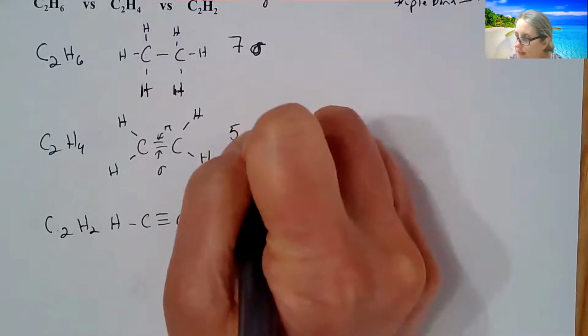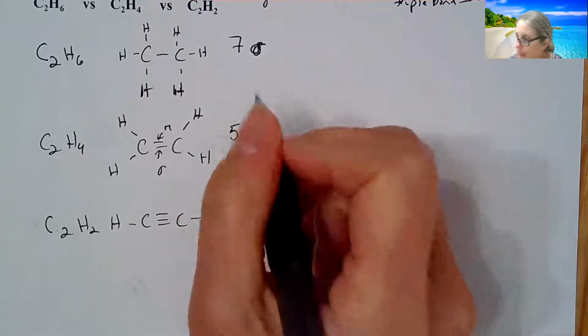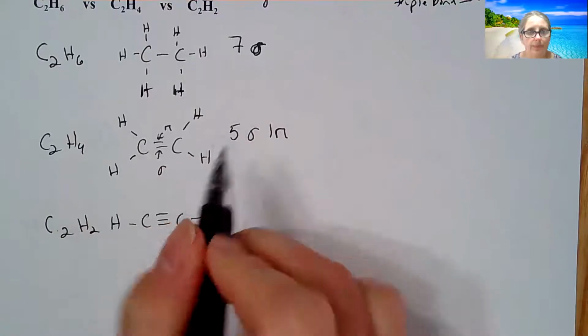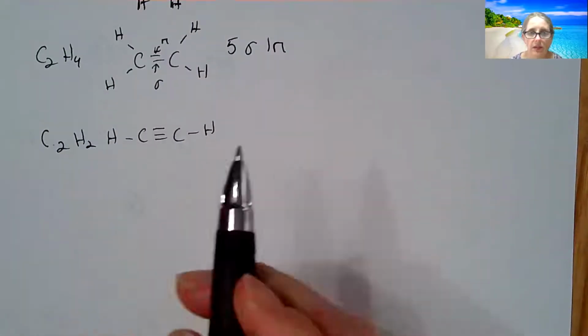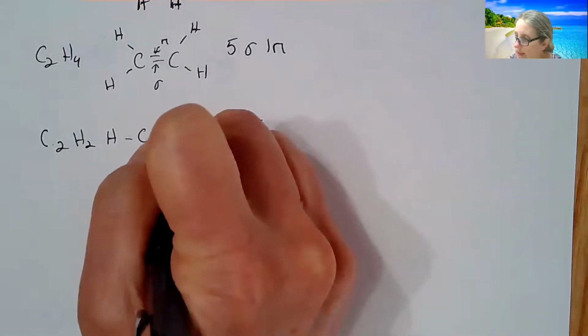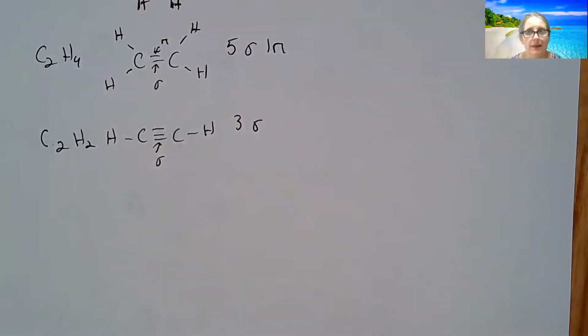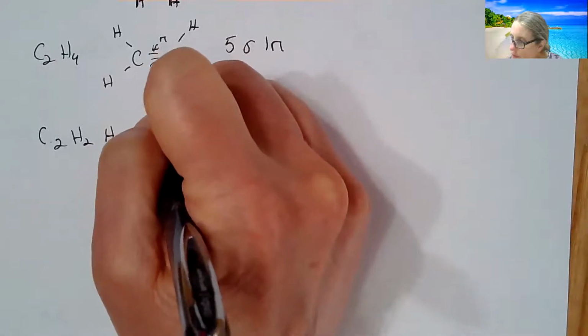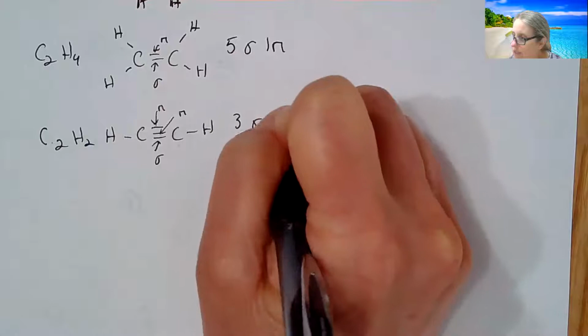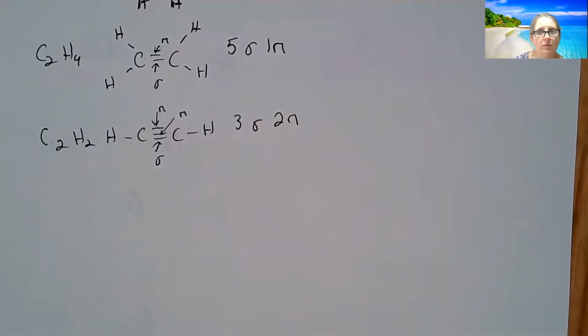So I have a total of 5 sigma bonds, and I have 1 pi bond in this whole molecule, okay? And then C2H2, I have 1, 2, 3 sigmas, because again, the bottom one we could say is the sigma bond. And then you have 2 pi bonds, okay? That's a pi bond, that's a pi bond. So I have 2 pi bonds with a triple bond.